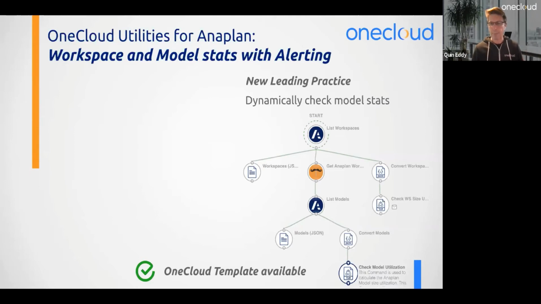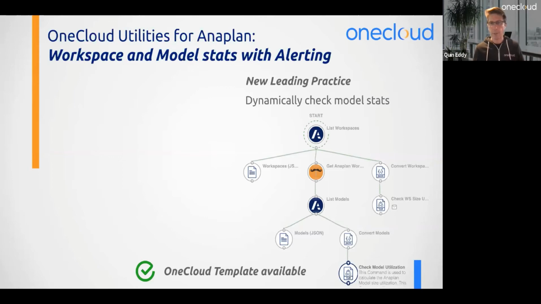So maybe, for example, your model size is approaching the maximum that Anaplan recommends, or maybe it's approaching the maximum size of your license, whatever that might be. So with OneCloud, we can actually schedule a chain to interrogate the workspace and model statistics, get the memory usage, and then provide back some preemptive notifications to the end user or to the administrator about how those resources are being used.